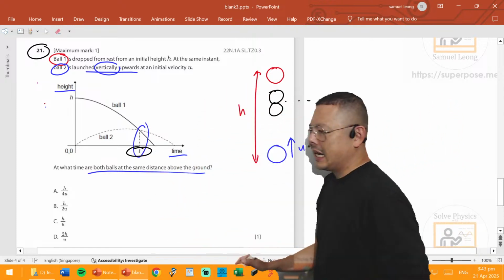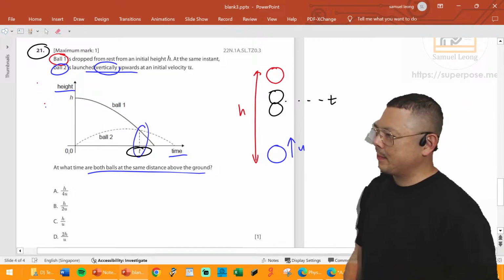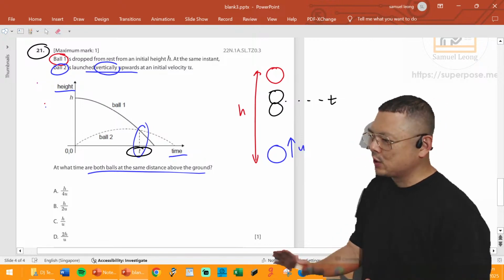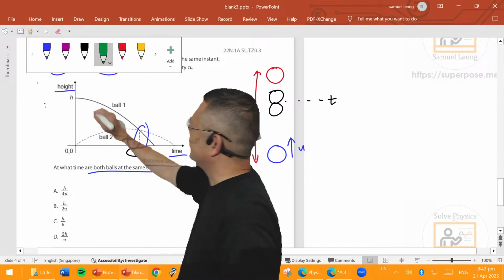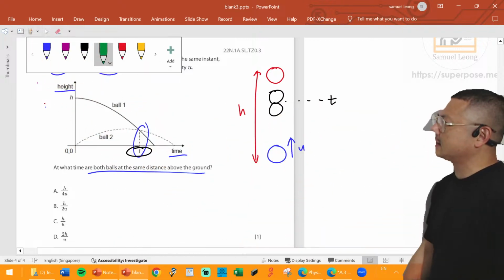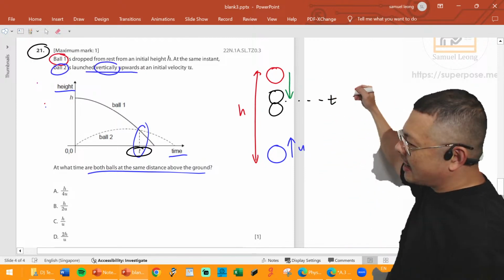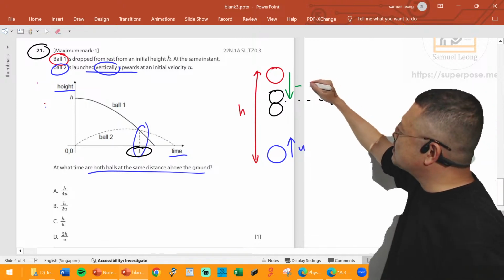It can't be energy, it cannot be KE or GPE, because energy has no time factor, so it's got to be kinematics. So I'm locking into kinematics. I'm just going to say that in this time, ball one will have a negative displacement s.